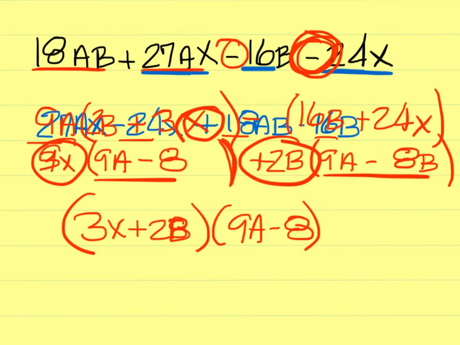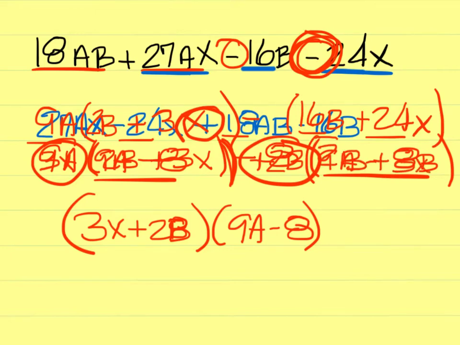Now go back and recopy the first half and then try to factor out something from the second half. You can take out an 8 from both of those and be left with 2b plus 3x. So it does work out. Your duplicate quantity is different, but it's still going to be the same answer.